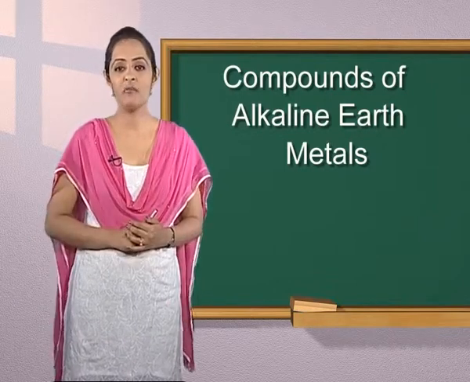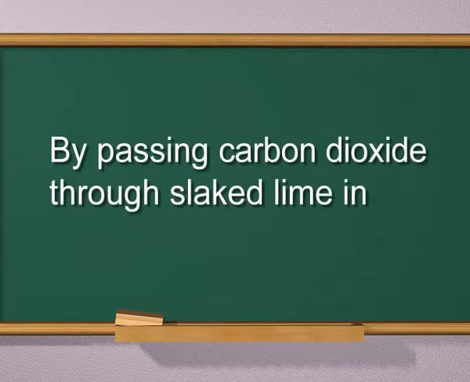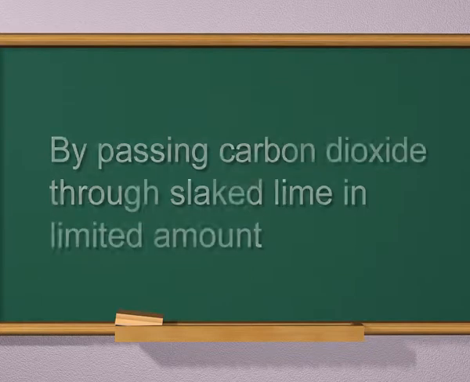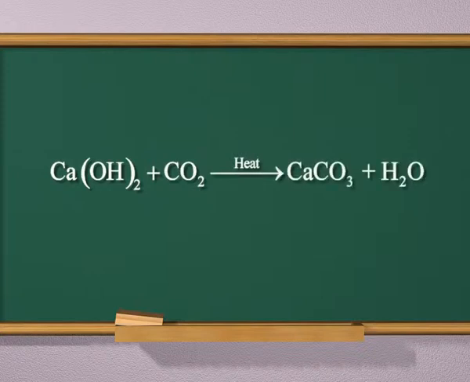Let us discuss them one by one. By passing carbon dioxide through slaked lime in limited amount. Calcium carbonate can be prepared by passing carbon dioxide in calcium hydroxide and upon heating the solution.